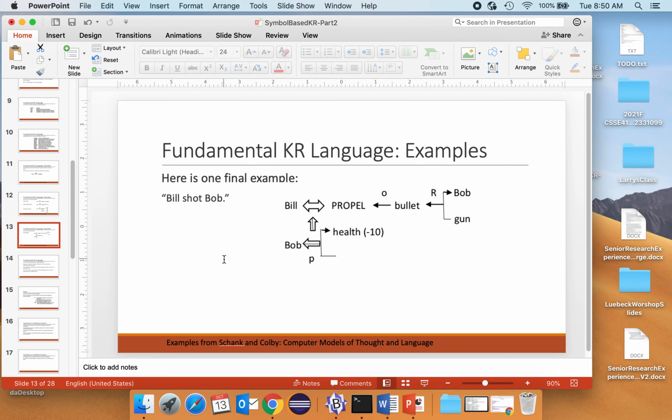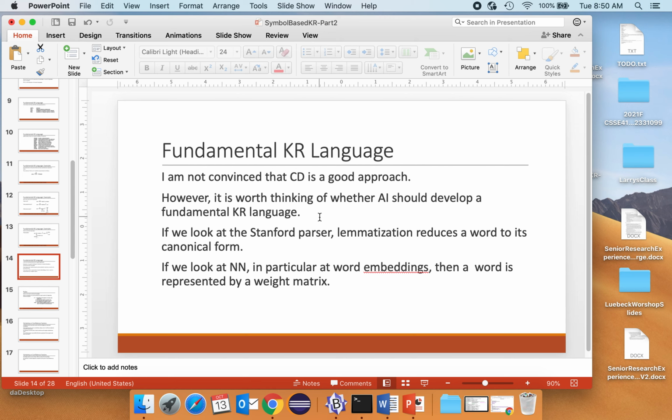So in any case, I think what is useful from this approach is the idea that there might be something of a fundamental knowledge representation language. Now notice that there are some attempts by existing software, the Stanford parser and other parsers use lemmatization to reduce a word to its canonical form.